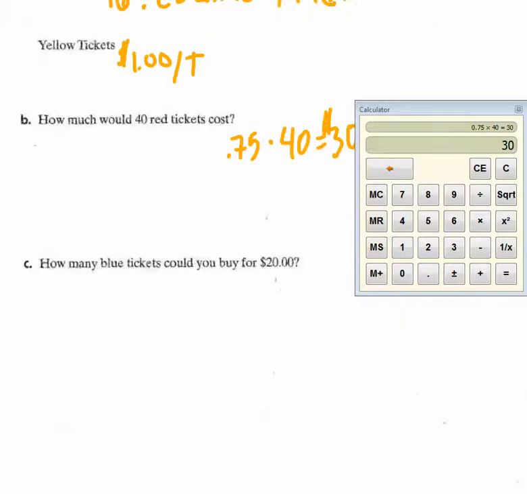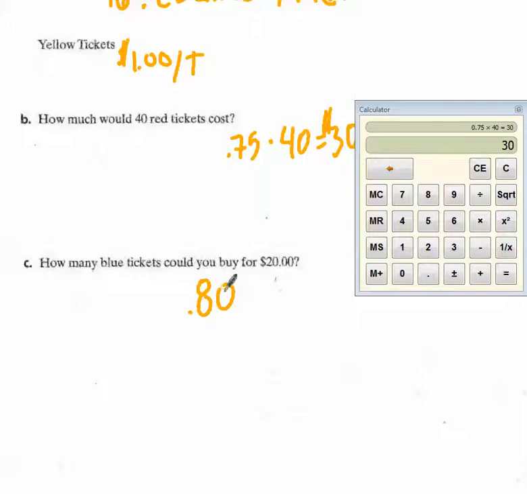So scrolling down, how many blue tickets could you buy for $20? Now a blue ticket is 80 cents, right? And so if we're going to have $20, we want to know how many groups of 80 cents go into it, right?